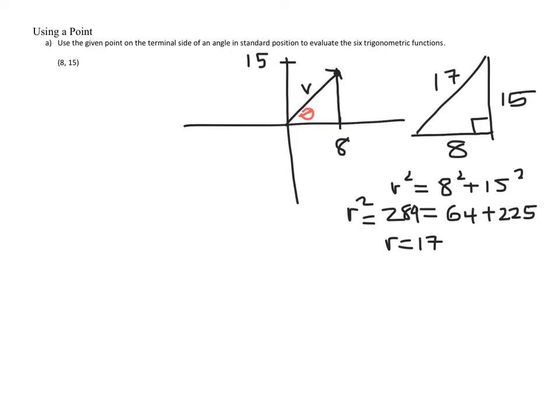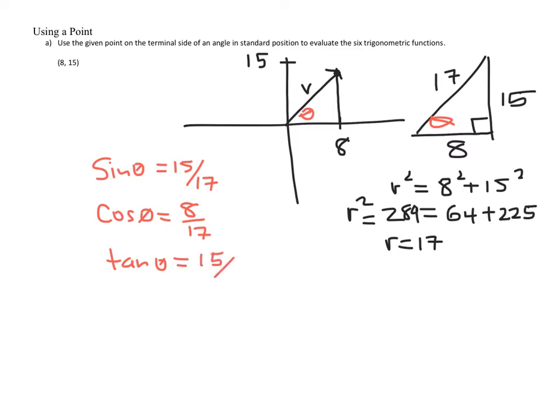And now let's get our ratios. We start with sine of theta is equal to 15 over 17. And then cosine of theta is equal to 8 over 17, and I'll just leave it as a fraction. And then tan of theta is equal to 15 over 8.